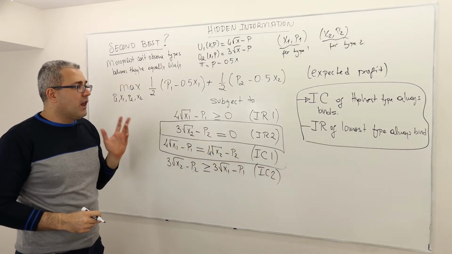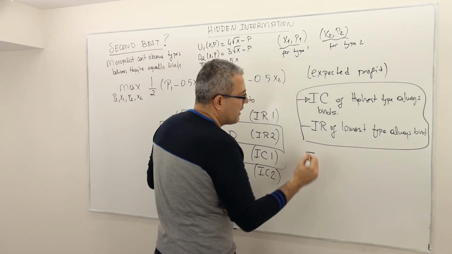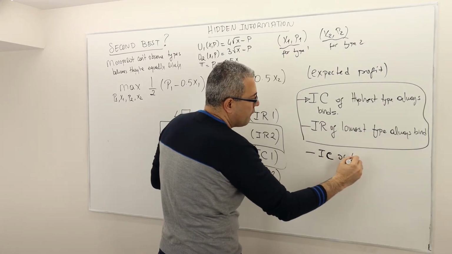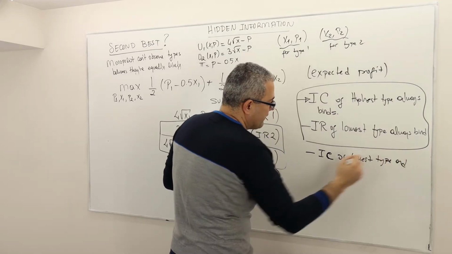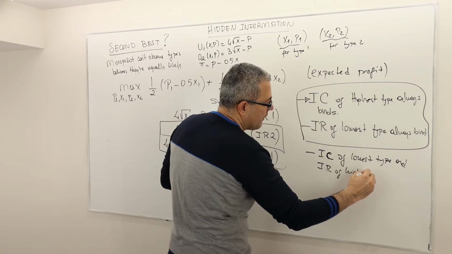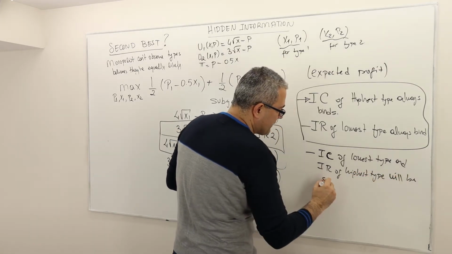All right, well, then what? Well, the IC of the lowest type and the IR of the highest type will always be satisfied.